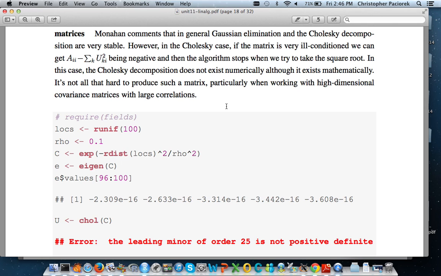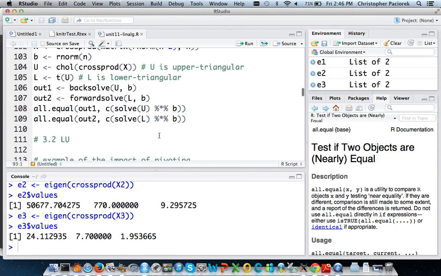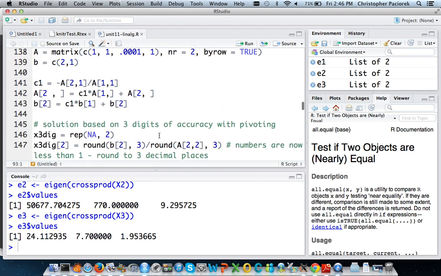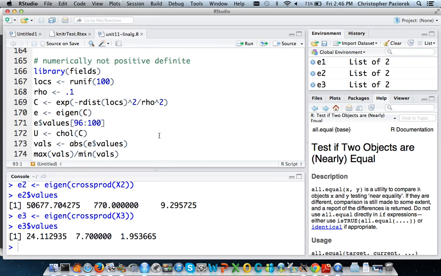The other comment I'll make, maybe I'll switch over and show a little demonstration. We've already seen that the LU decomposition could run into trouble if I try to divide by something numerically very small. In fact, if that were 0, the algorithm would stop unless you were doing the pivoting.